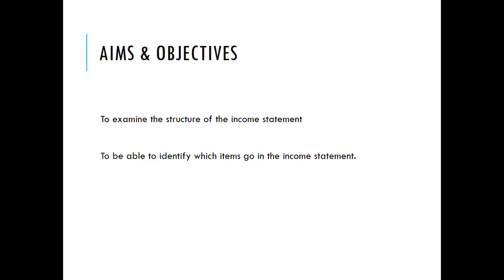So the aim and objective of this is to look at the structure of the income statement. Yes, we understand the theory behind it, which is the accounting equation. But of course, for users of this information, we need a structure that's nice and tidy and clear, that everyone can use.